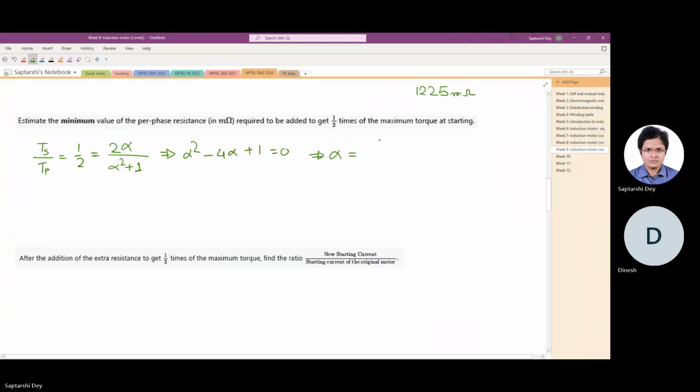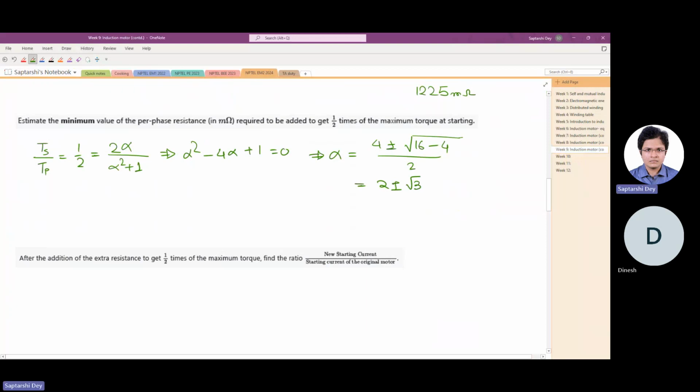And what we get is alpha equals minus b plus minus root of b squared minus 4ac, by 2a. So 2 plus minus, this is 12, and 12 is 2 root 3. So 2 plus minus root 3.